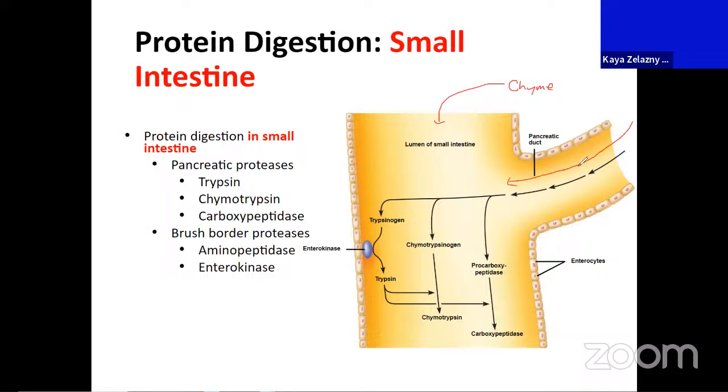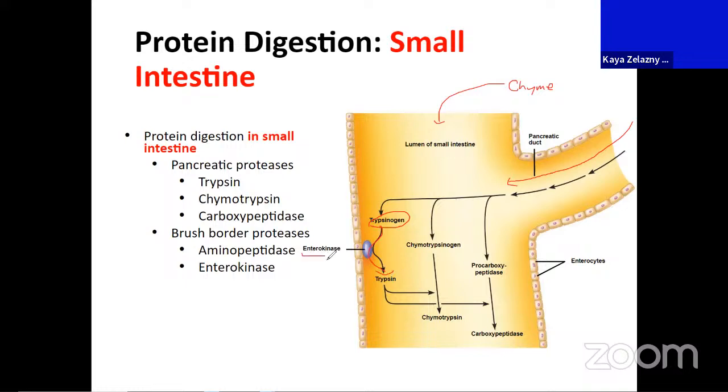So the pancreas is making tons and tons of enzymes, right? It makes lots of proteins. It's doing hard work, okay? So it's coming in here through the sphincter of Oddi into our duodenum. Okay, and so here we see trypsinogen getting activated by a brush border protease, right?